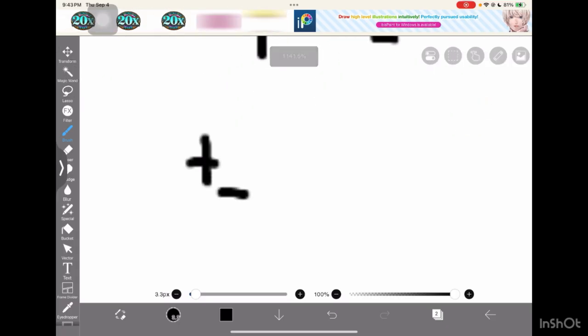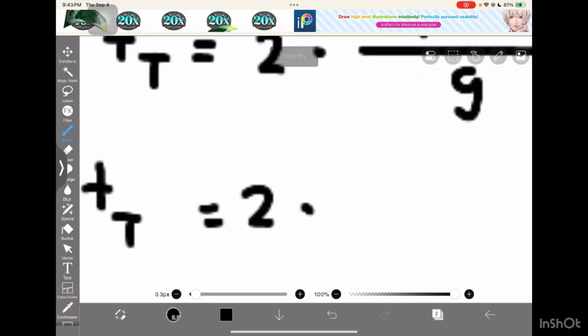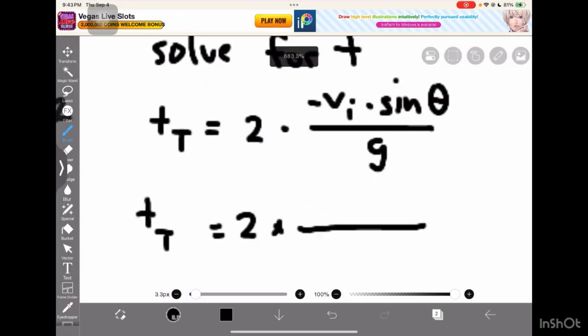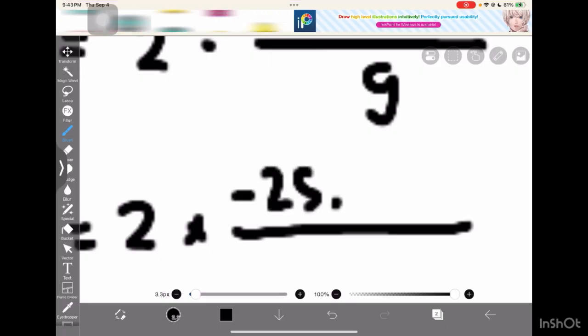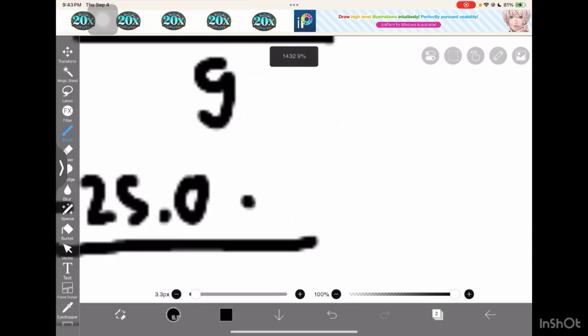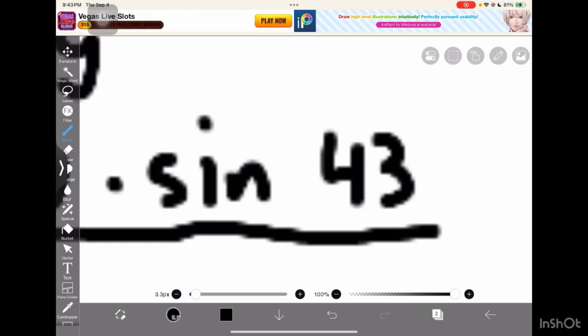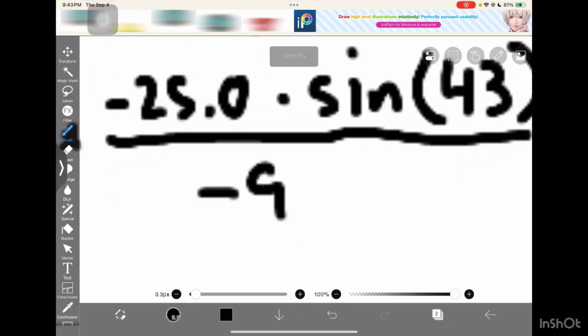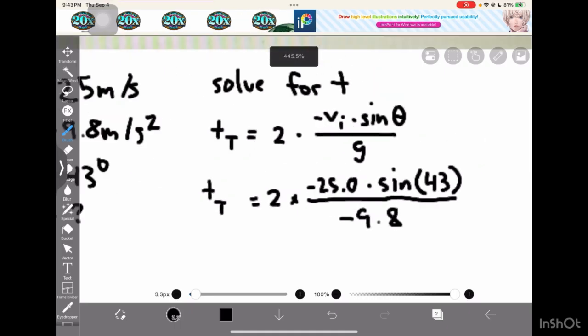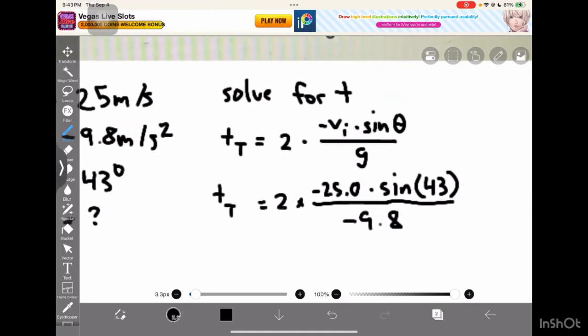Put it in the calculator. It's 2 times negative 25.0 times sine 43, all over negative 9.8. If we put this in our calculator, it's quite complex.